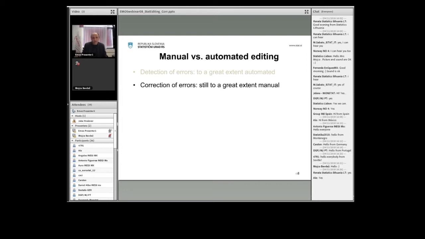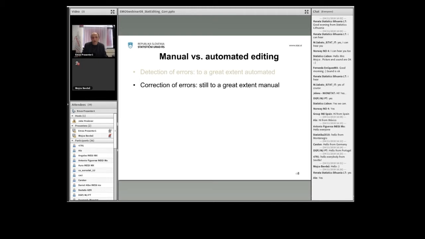I mean, manually here, you have to understand it's not literally manually without a computer. Manually, we mean that it's not done with a systematic computer procedure, but you look at your data, you verify it through telephone contact if needed. Sometimes you just use your expert knowledge and correct it on the micro level.